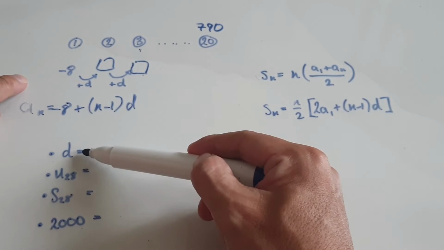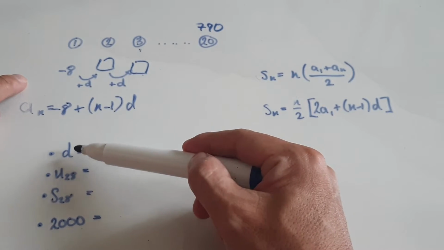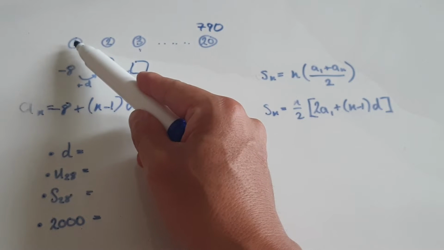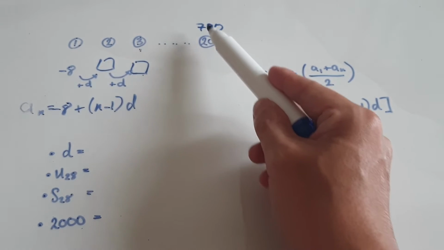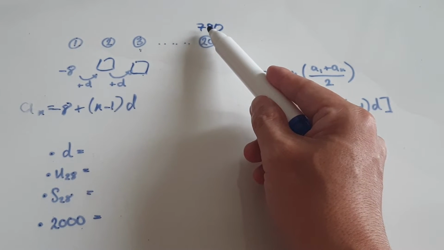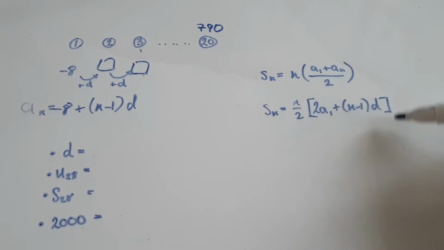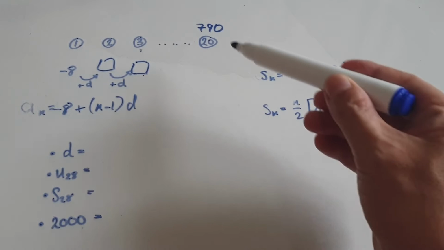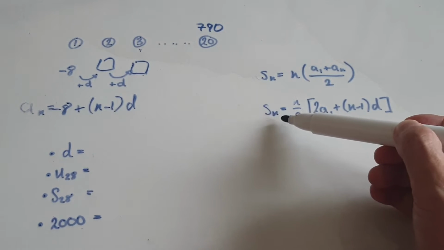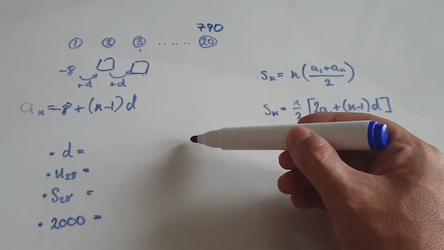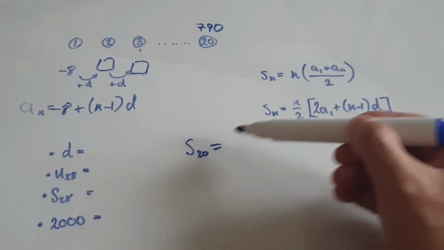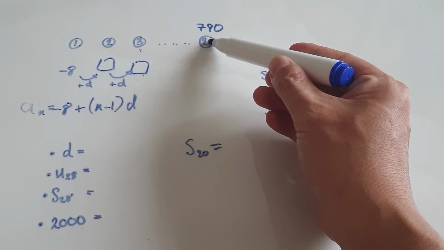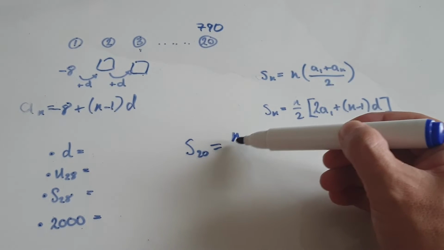Once we know the common difference, we've got to work out the common difference. In the question it says that when you sum up the first 20 terms, it comes to 790. So I'm expecting you to know these two formulas. When you sum up the first 20 terms, that would be S20. S20 equals n over 2, where n will be 20 because we're working with the 20th term.